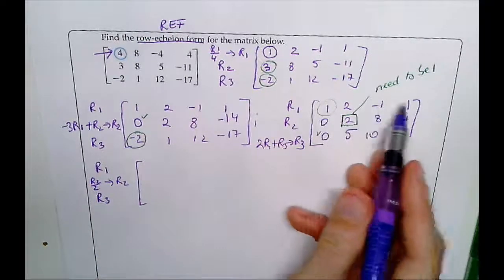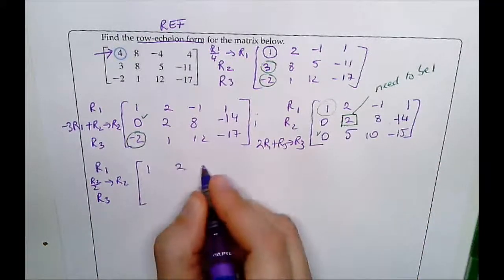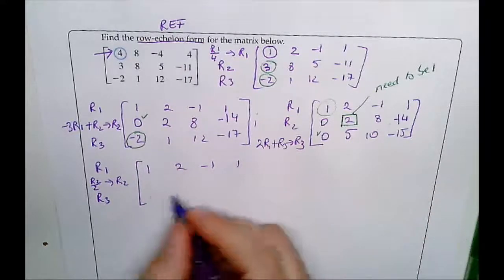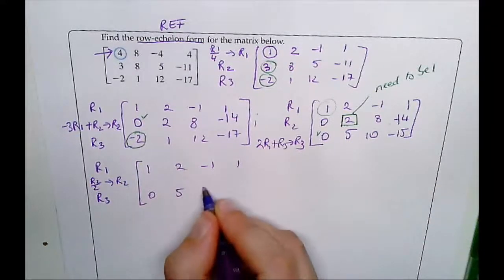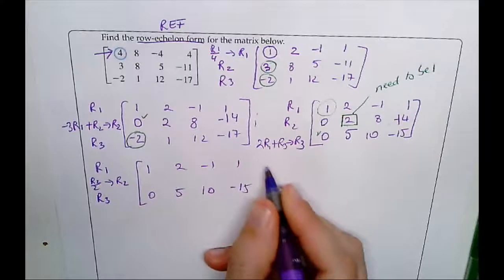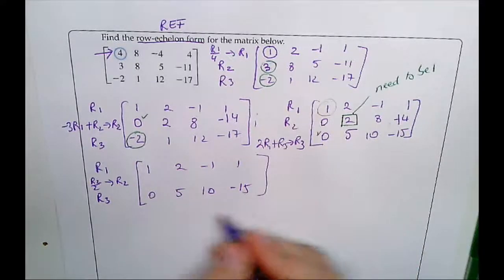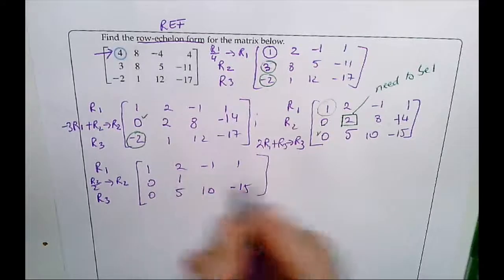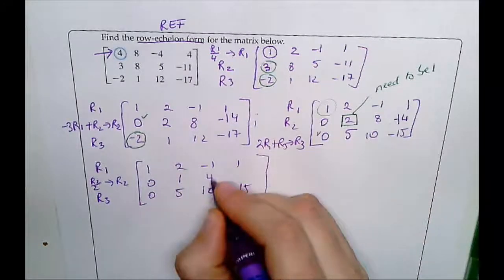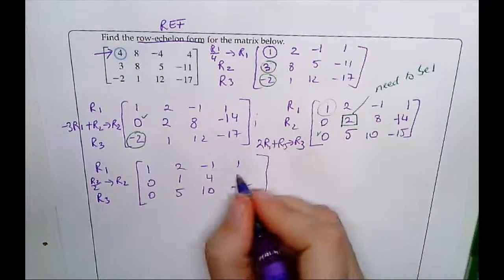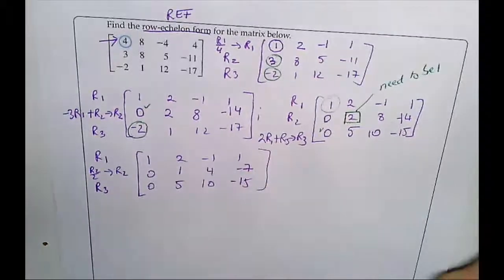So let's copy the first row and third row because they're not changed. And then the second row is the second row divided by 2. So it's going to be 0, 1, 8 divided by 2 is 4. Negative 14 divided by 2 is negative 7. So there you go. Now I have that the leading entry is 1.